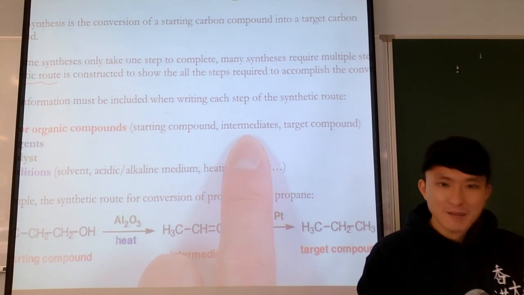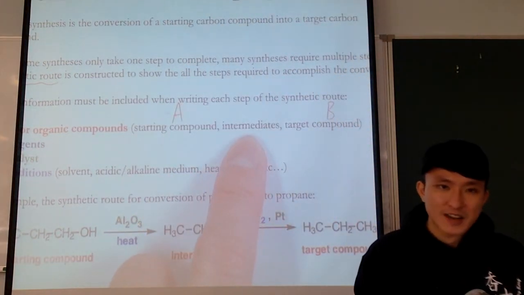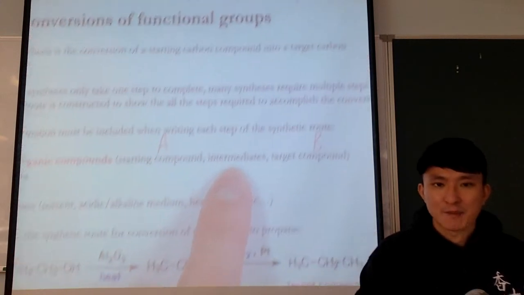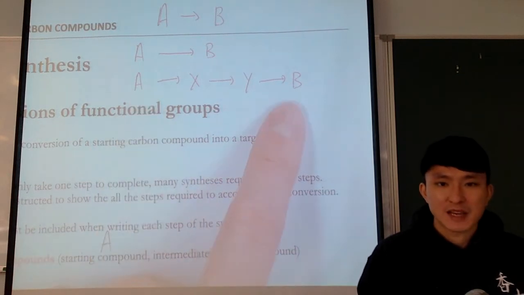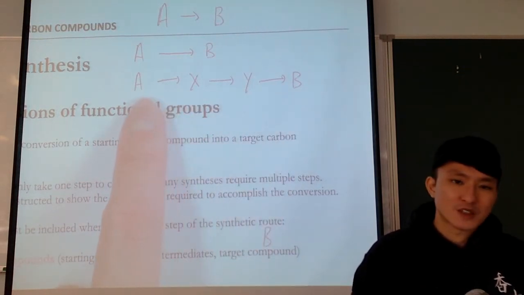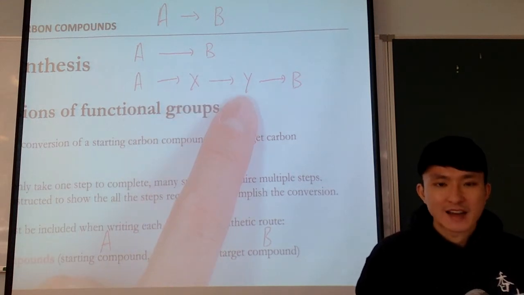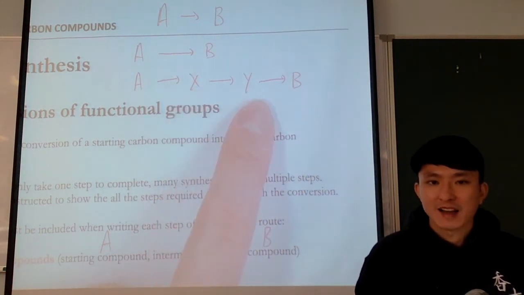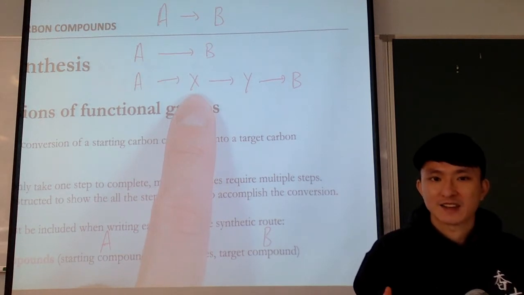Now, the intermediate is basically the organic compound that is formed during the synthesis, during the reaction pathway. For example, if you want to change A to B, probably you need to first change it into X, and then you change X into Y, and then Y at the end into B. So X and Y are the carbon compounds formed during the synthesis.